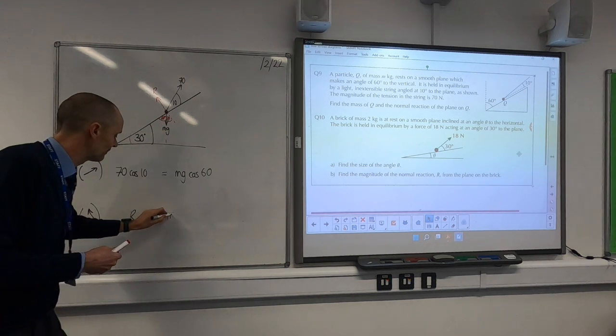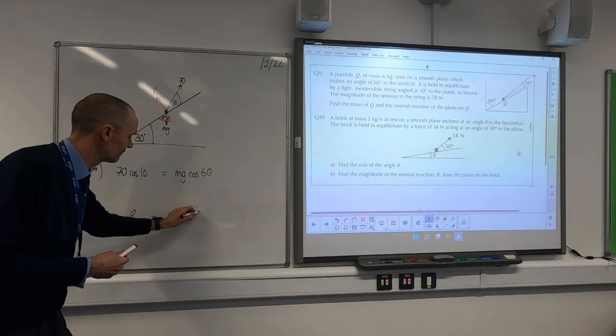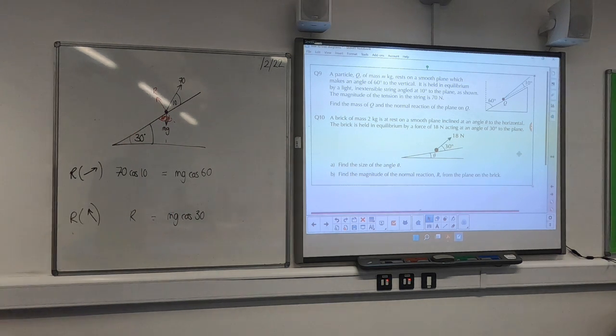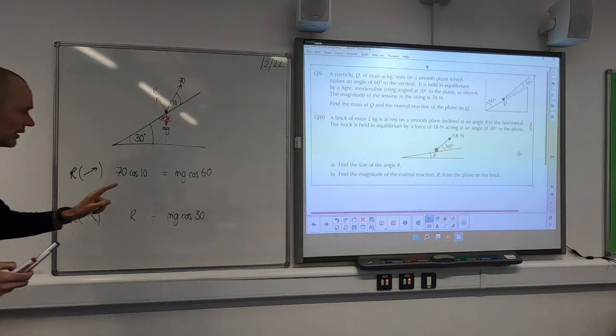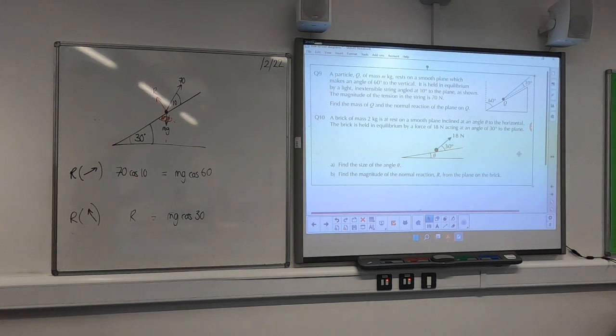So that's... because g is a value I know, and we use 9.8 for g, I can use this equation to work out m, and then the one at the bottom I can use to work out r, and that's what I want, the mass and the normal reaction.